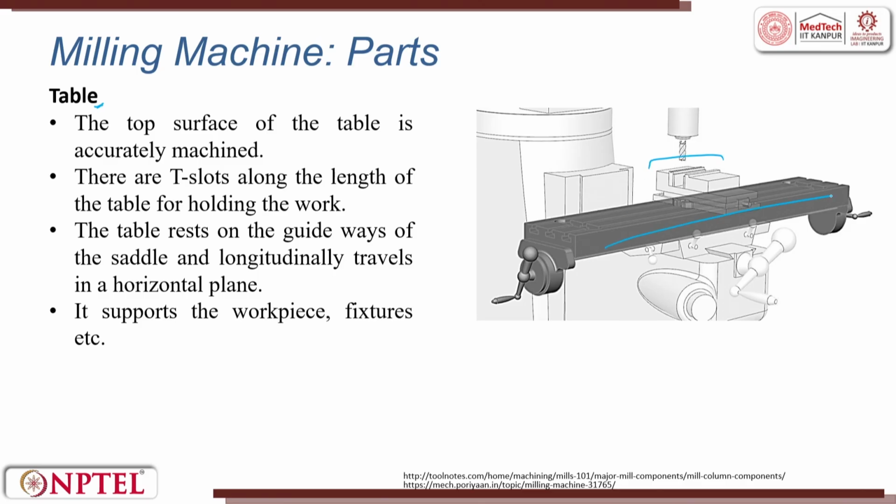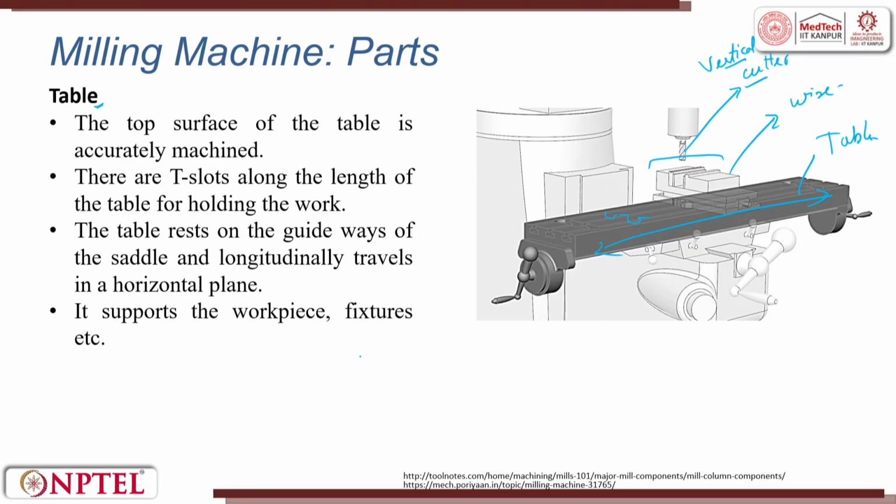This is a table, and this is the vise to hold, and this is the cutter. Here it is called a vertical axis cutter or a face milling cutter. There are T slots in the table.